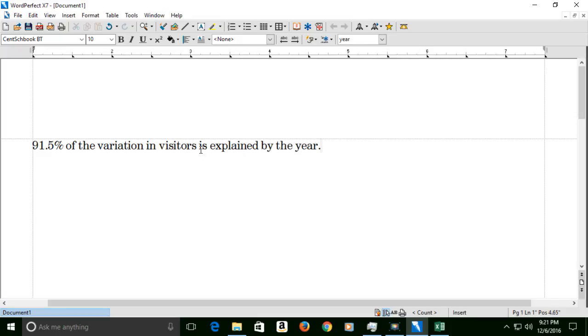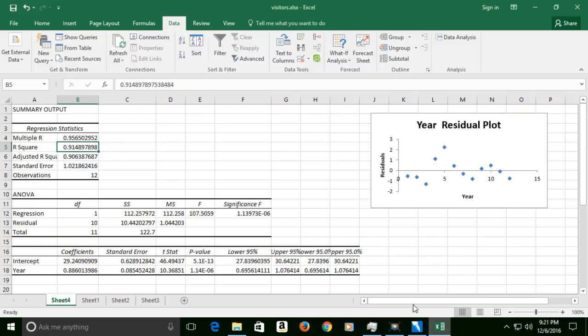In other words, that looks really good, yes? The highest that could be would be 1, and it's pretty close to 1. Okay? We have this thing called adjusted R-square. We don't really need to worry about that yet. It's adjusted for our old friend degrees of freedom. The important thing is those two should be close, and they're pretty close.